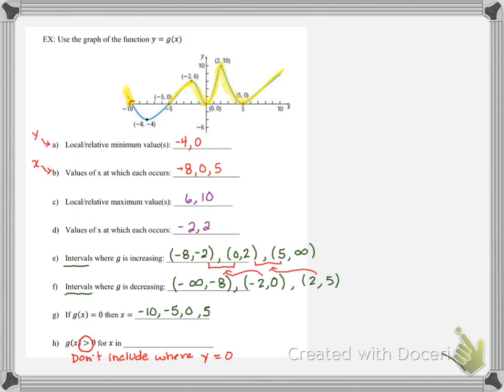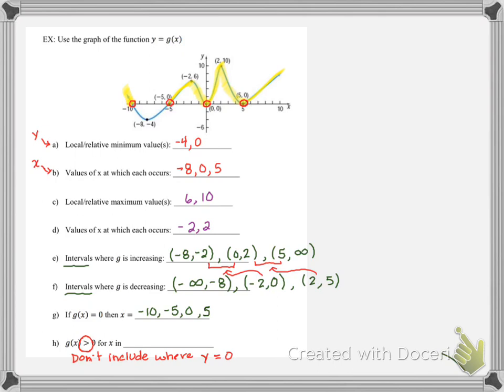So I'm going to have an open point here, an open point here, an open point here, and an open point here. So when I write my intervals, I need to skip those x values because at those x values, the y value is not greater than 0.